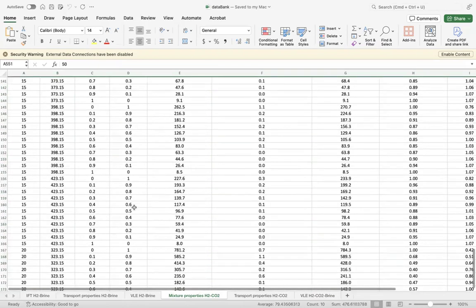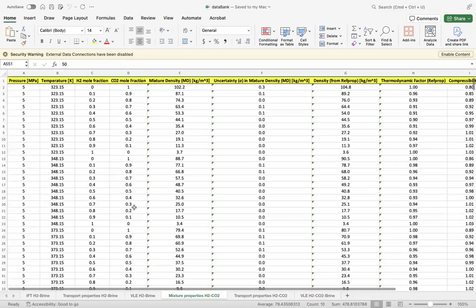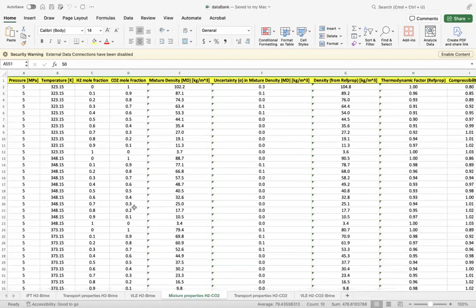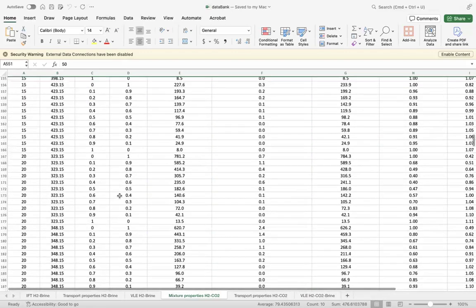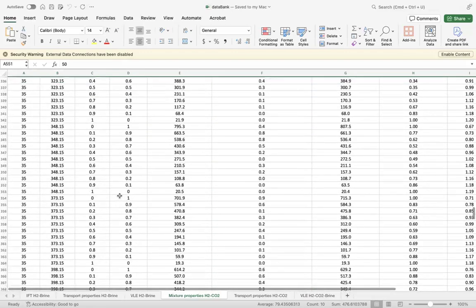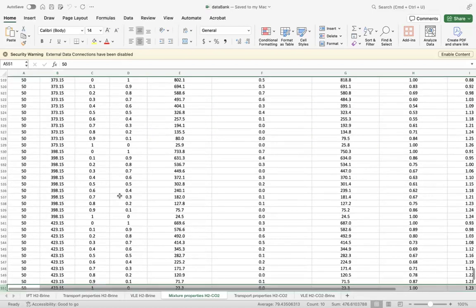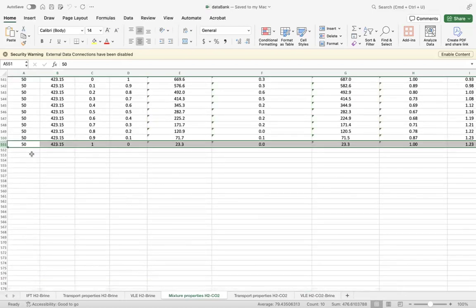And what I wish to do with these videos is to show you how you can add more data to these sheets. This is just one example where I've looked at the mixture property of hydrogen carbon dioxide. After going through these lectures, you can add another data point if required, or a set of data points.